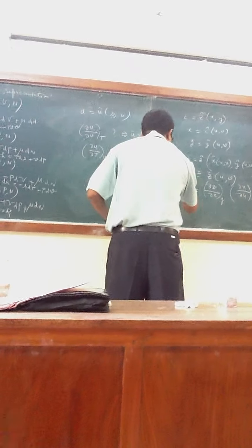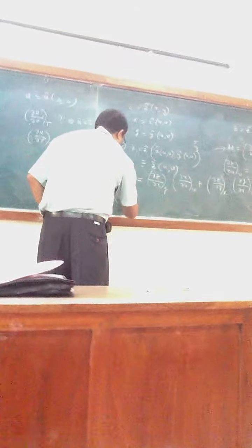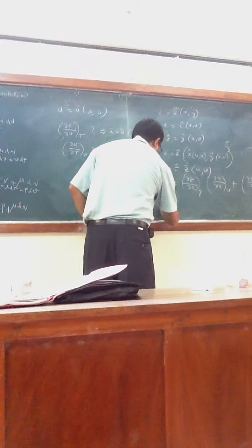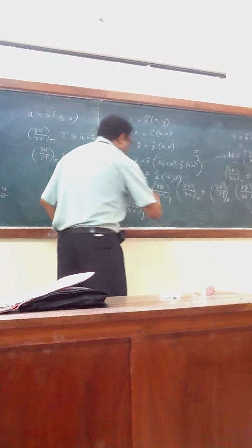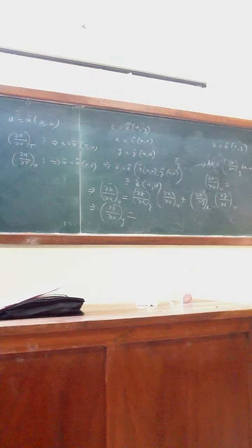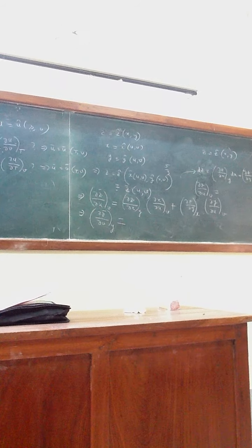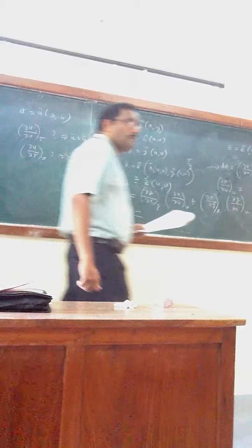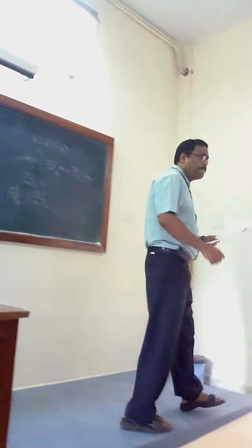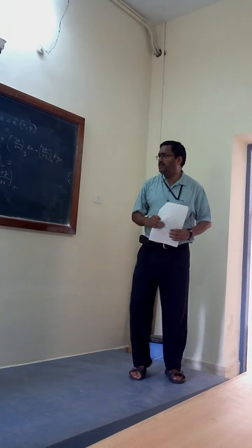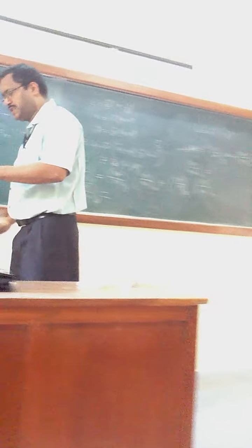So, we can write this as ∂z. Similarly, we can write ∂z/∂u ∂v. Who will volunteer? ∂z/∂v at fixed u.